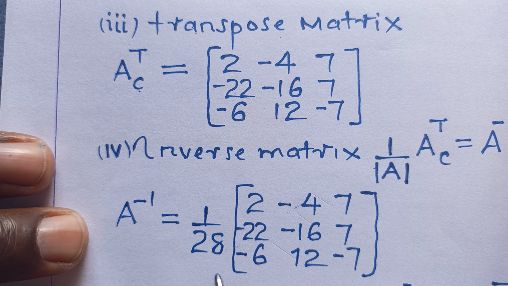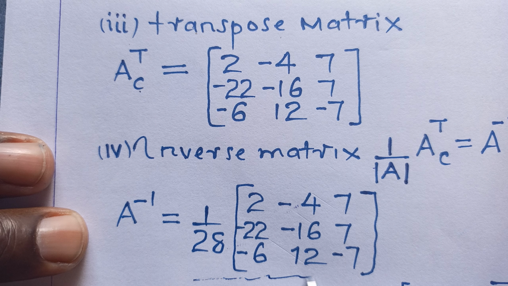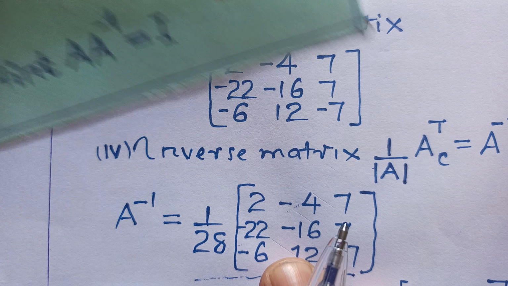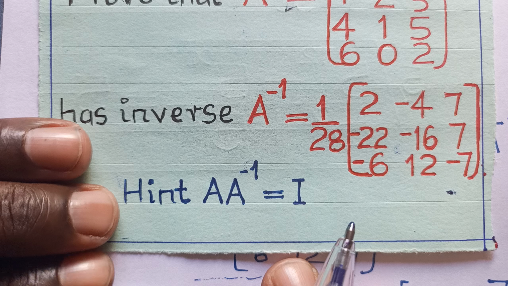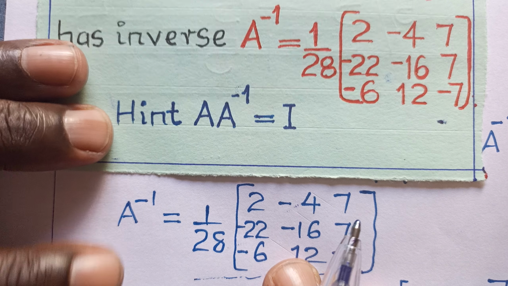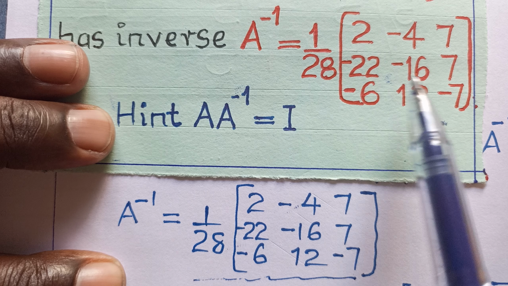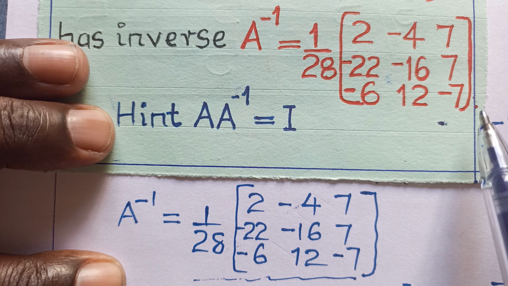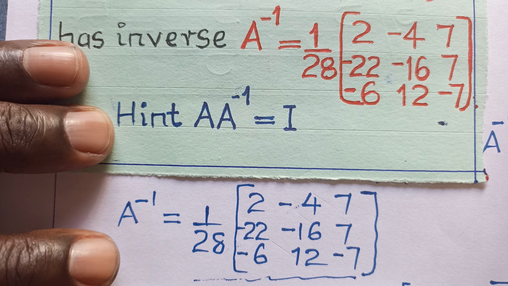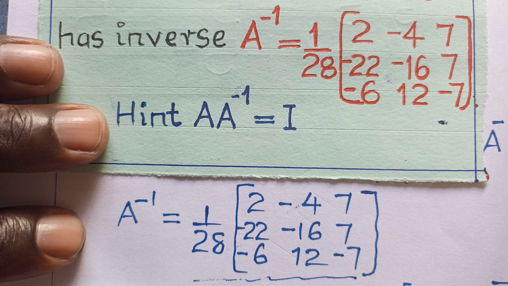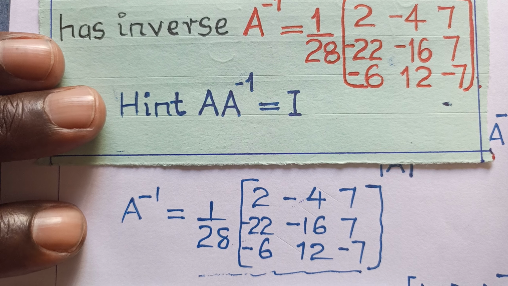And so, guys, this is our solution. Even as we look, we can see it from here. You can see this is still the same. What we have is 1 over 28, and this is now the same. So, guys, that's how we get to the A inverse for the 3 by 3 matrix.